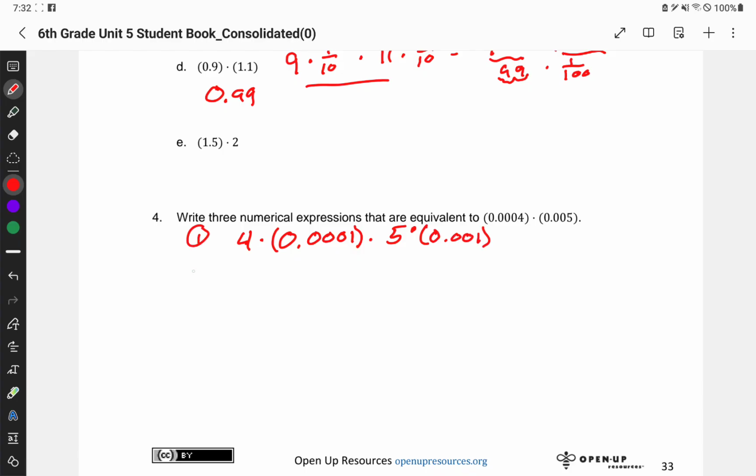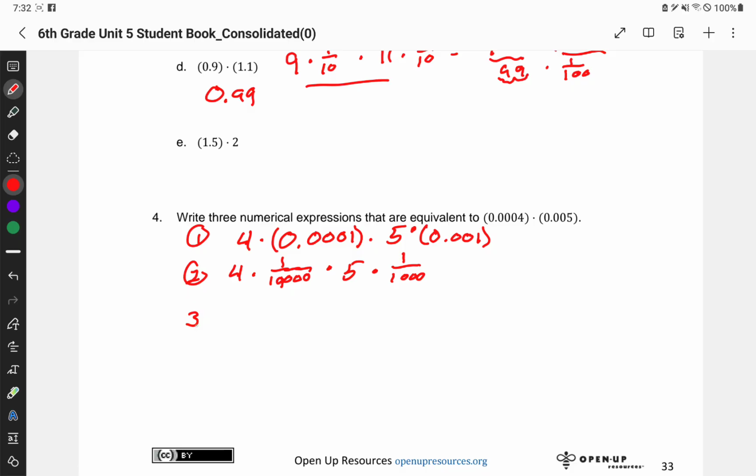That's one way. A second way, 4 times 1 over, that's tenths, hundredths, thousandths, 10 thousandths. So 1 over 10,000 times 5 times 1 over 1,000.